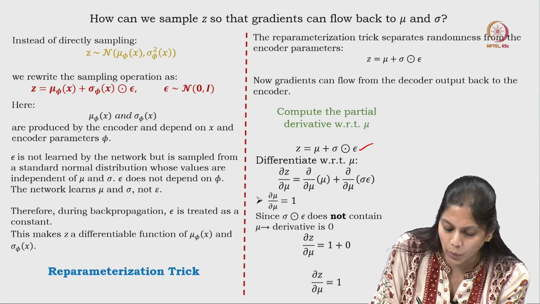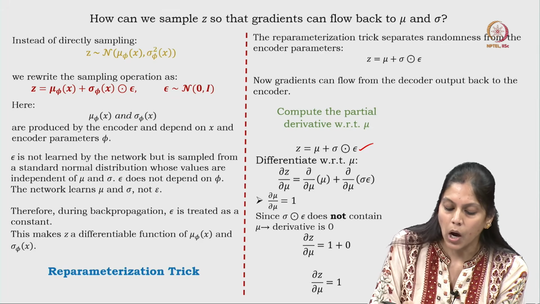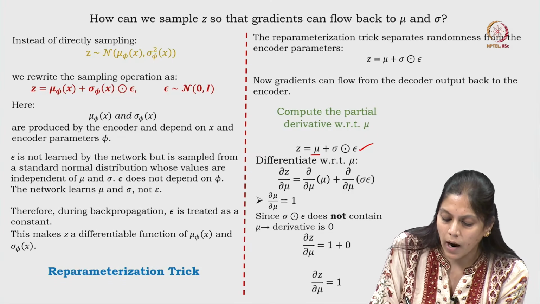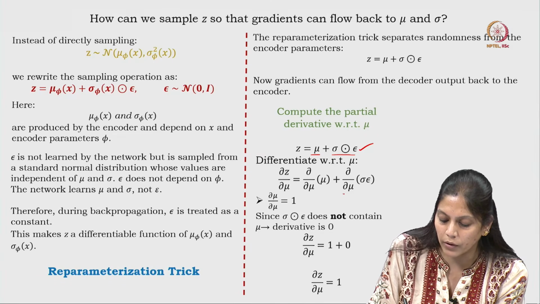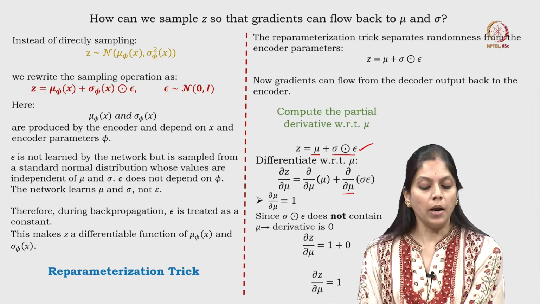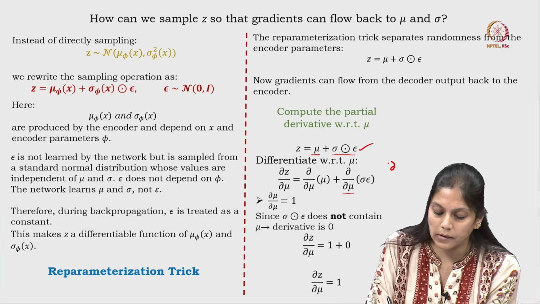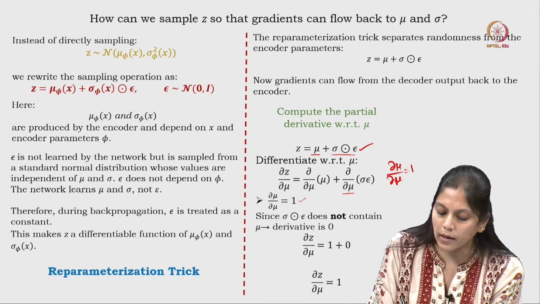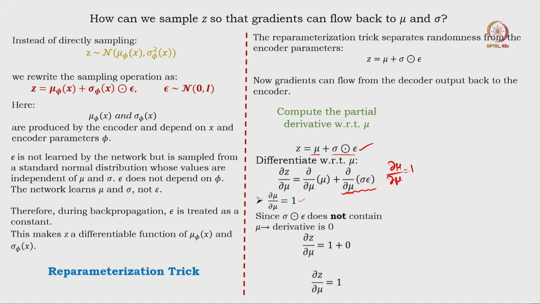Derivative of Z with respect to mean here. How are you writing that? You write the derivative of this term with respect to mean, and this term also with respect to mean. Now since this is 1, definitely the value is 1, that is what has been written here. And in the second term, you do not have any mean value.